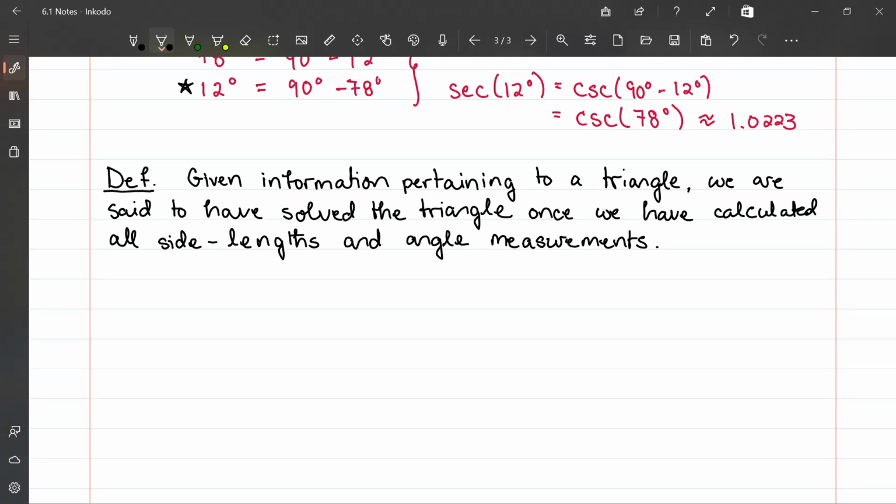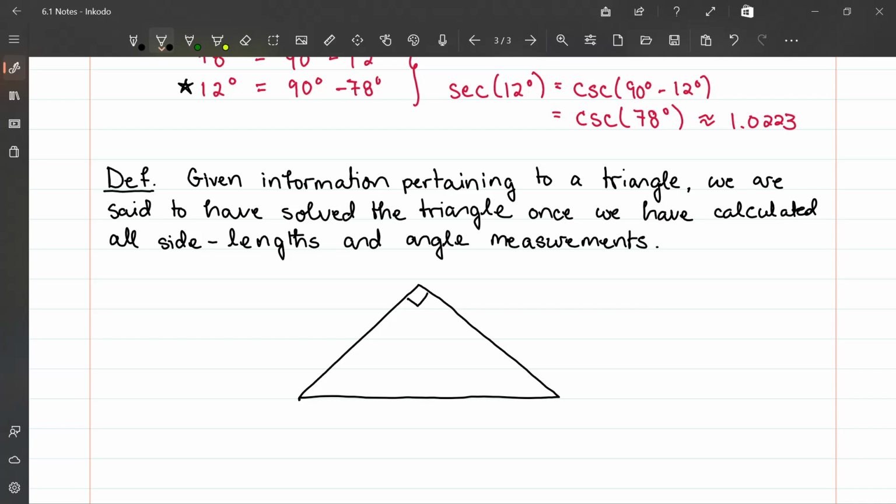Now, I am also going to introduce something that I have not done before, so let me draw a right triangle quickly. Many times when we are working with triangles, we use the generic labels A, B, and C in uppercase and lowercase for the various pieces, parts of our triangle. Typically, the way it goes is the uppercase letters represent the angles, and the lowercase represents the side lengths.